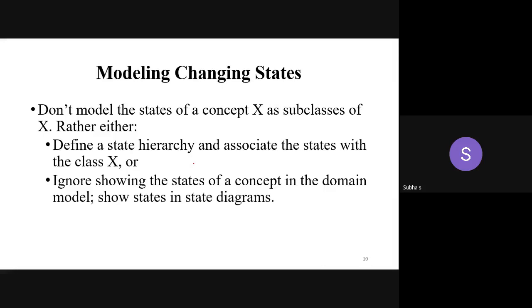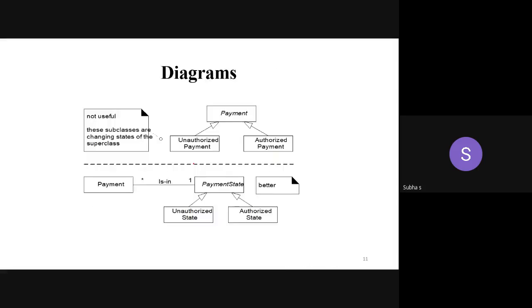You can't directly model all the states of concept X as subclasses of X. Instead of that, you have to define a state hierarchy, like a class hierarchy, and then you have to associate the states with the particular class. It won't be clear if I just mention it theoretically. Look at this example. You can note the major difference here.